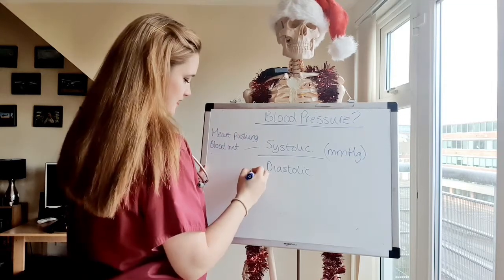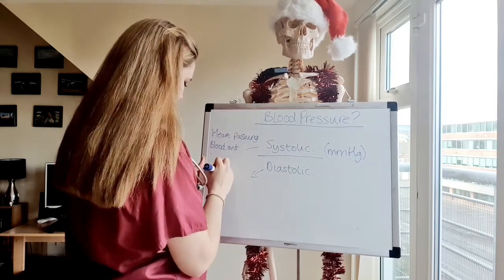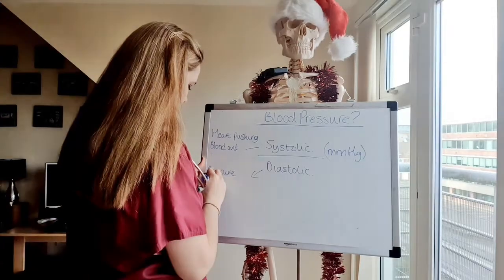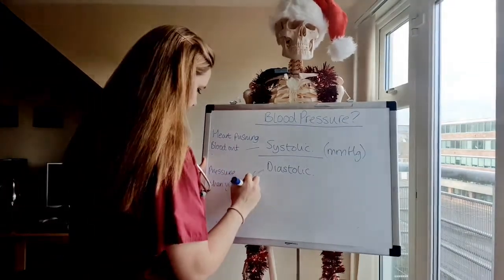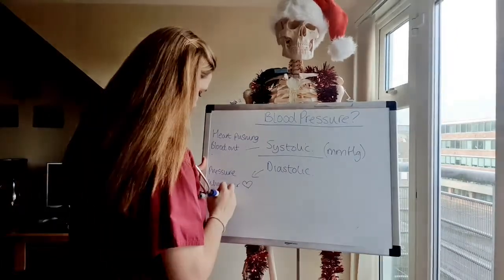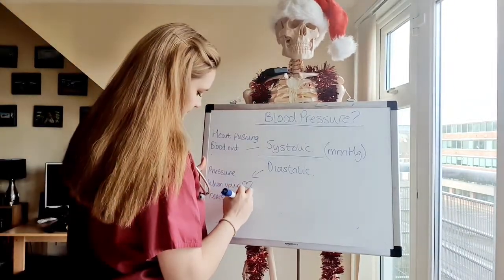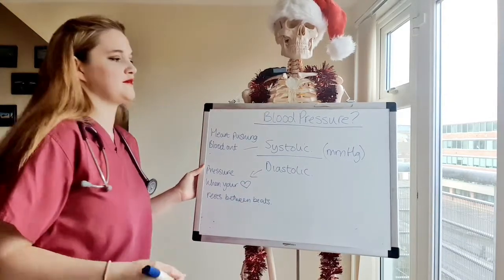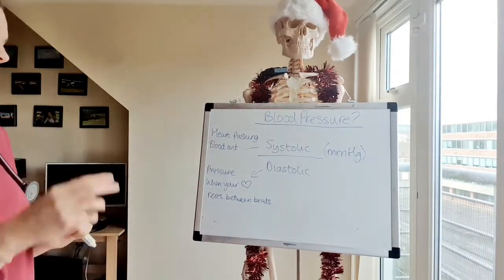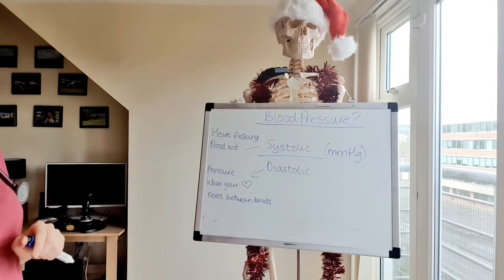And your diastolic rate is the pressure when your heart rests in between beats. So it's the pressure of your circulating blood against the walls of your blood vessels.